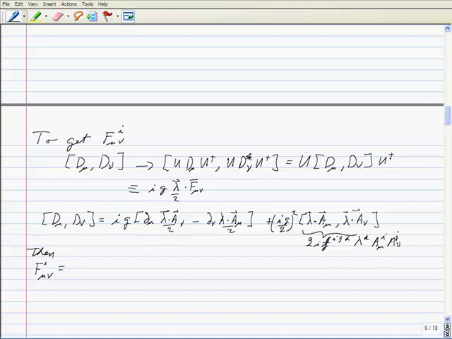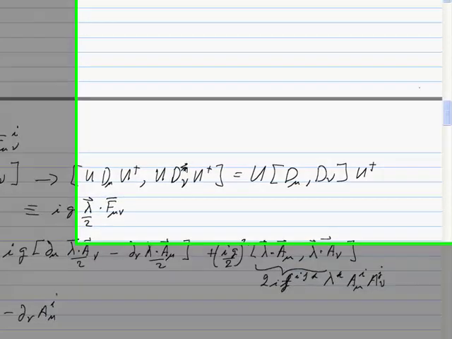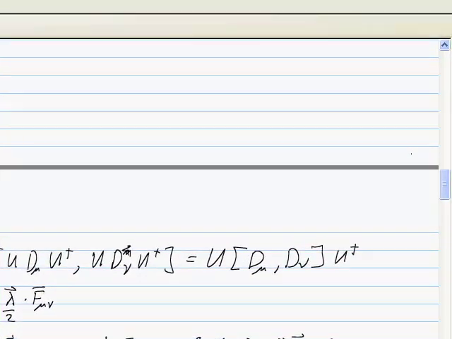Well, from the first piece, the ig/2 is matched, so those get dropped, and it becomes ∂μ Aν minus ∂ν Aμ. You just take the piece that's proportional to λi here, and you get those guys. Here we have to fiddle the indices around. We want the piece proportional to the λ matrix.